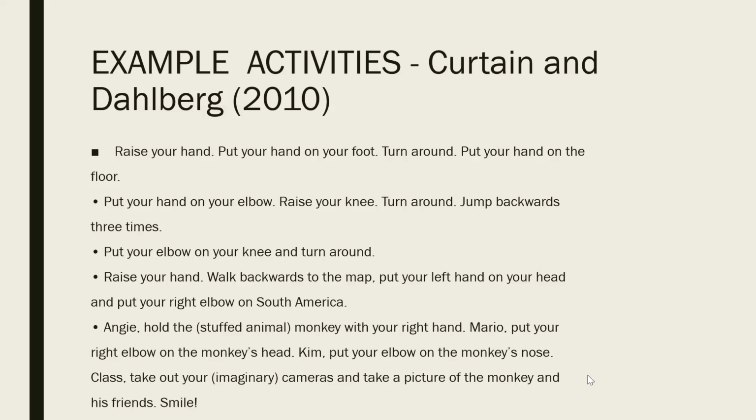Mario, put your right elbow on the monkey's head. Kim, put your elbow on the monkey's nose. Class, take out your imaginary cameras and take a picture of the monkey and his friends and smile. So you can see how much language there is through imperatives that the students can learn in the TPR classroom.